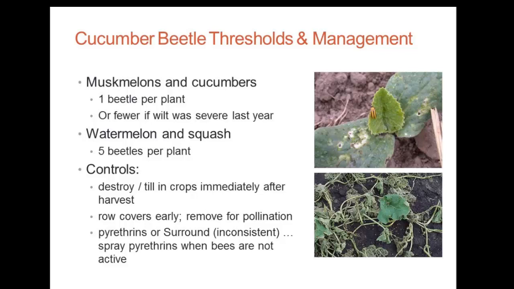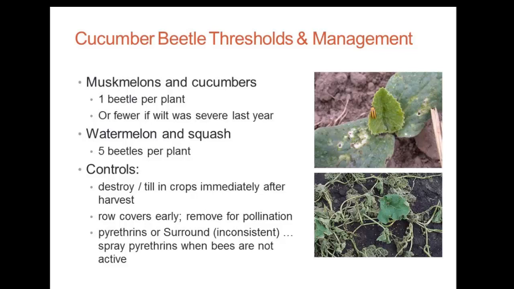Well, first, if you're growing cucumbers or melons and you see a few beetles and you've done the other things you would have done to try to prevent them, and it's too late to cover plants because bloom has started, realize that just a couple of beetles per plant is a much greater risk than it is in watermelon and squash, because those plants aren't very susceptible to the disease bacterial wilt. Muskmelons and cucumbers are. So it doesn't take many for a commercial grower to say, I probably need to control those.